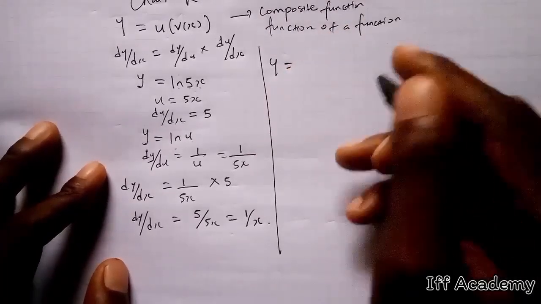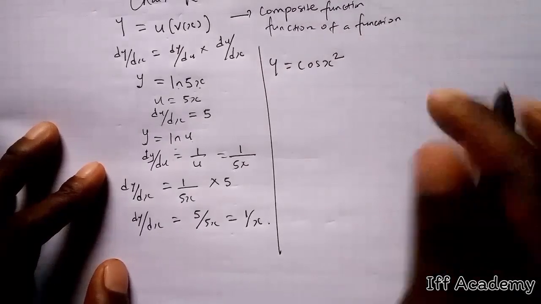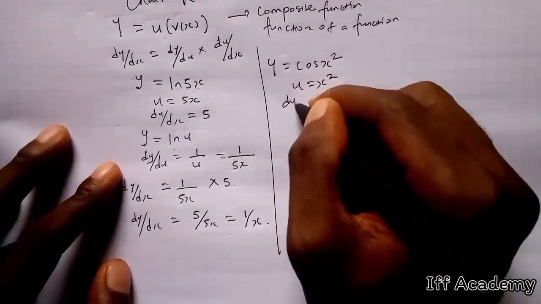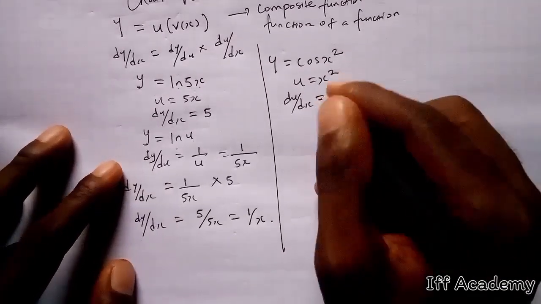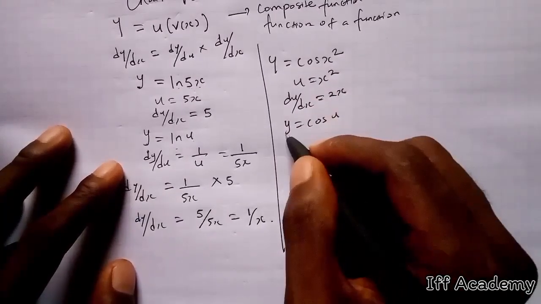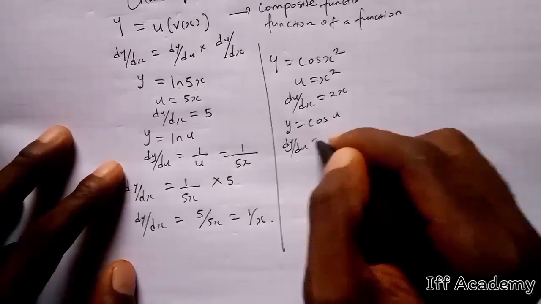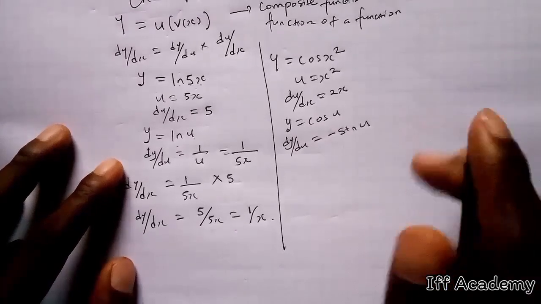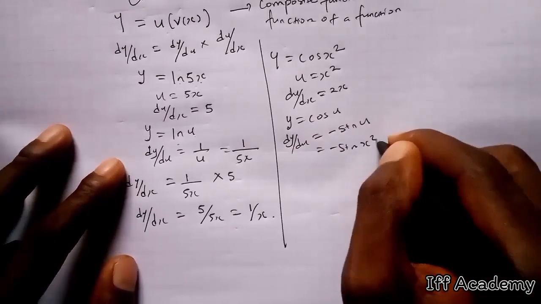So the next example, if I have y is equals to cos x square, right? So u is equals to x square, du over dx is 2x, and then y becomes cos u. So if I differentiate y with respect to u here, that is dy over du becomes what? Minus sine u, right? And then this is minus sine x square.